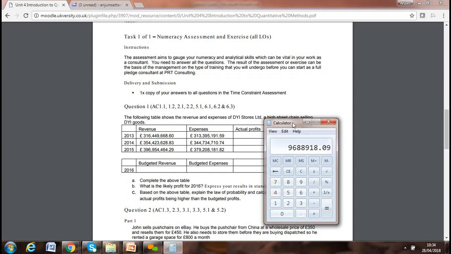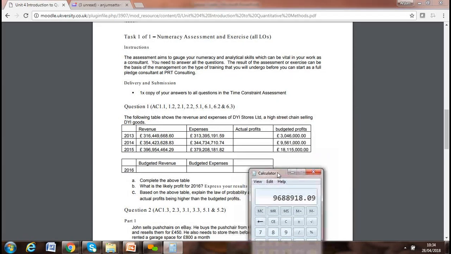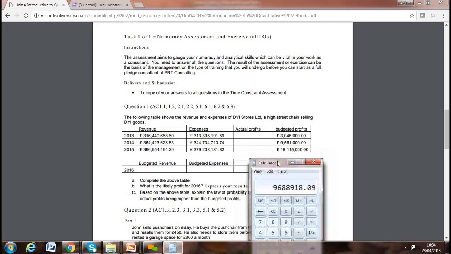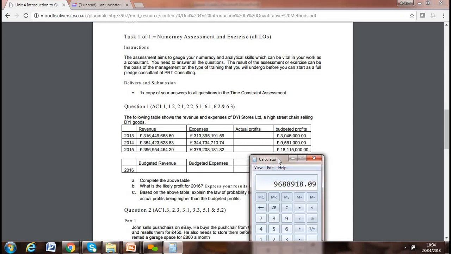So that's my profit. Again, actual profit is higher than the budgeted. If you want to check the previous year and this year, you can take the difference and find how much it is. I can save this. We'll go through the next now.